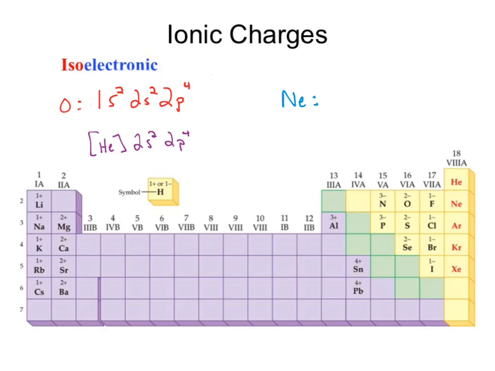How many electrons does neon have? 10. Where's the first electron go? 1s2, 2s2, 2p6. How many electrons can fit into the p orbitals? 6.